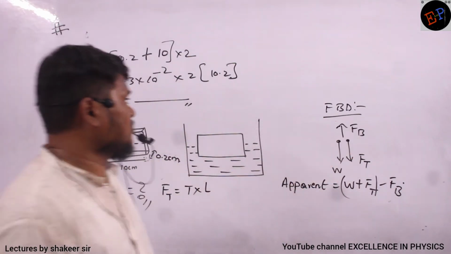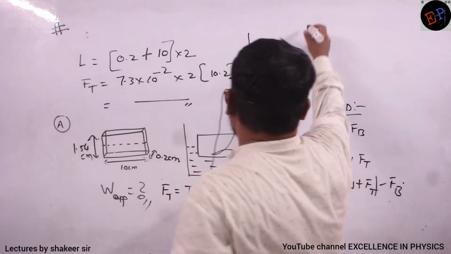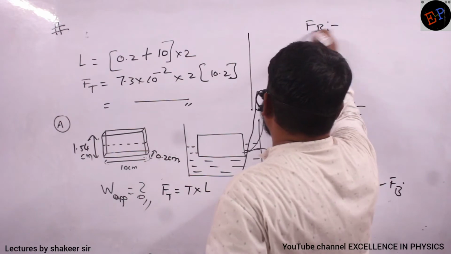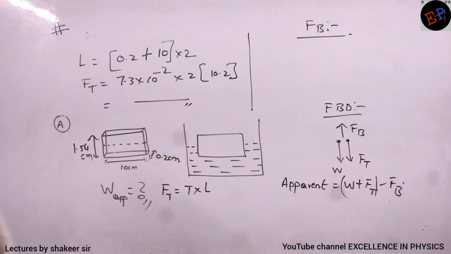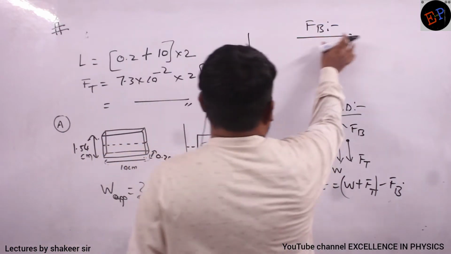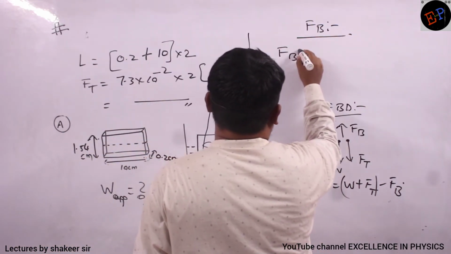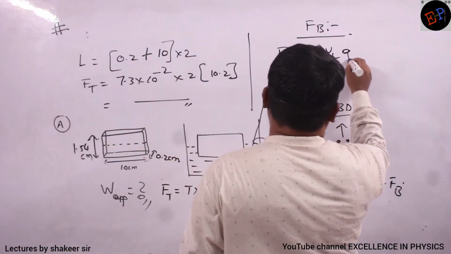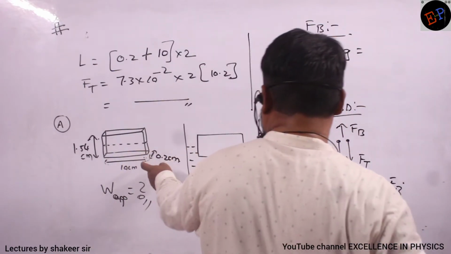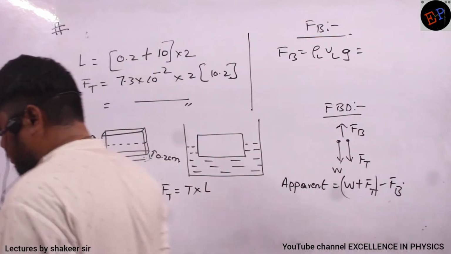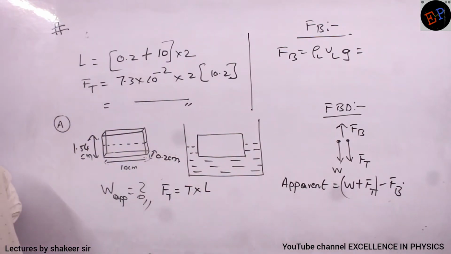Now let us go for force of buoyancy. Okay, ma? Force of buoyancy. How to calculate force of buoyancy, ma? Rho L VL into G. That's all. No? So force of buoyancy is rho L VL multiplied by G. Density of liquid is how much? Everything he gave in centimeters, no, ma? Let us see answer he calculated in centimeters or what?